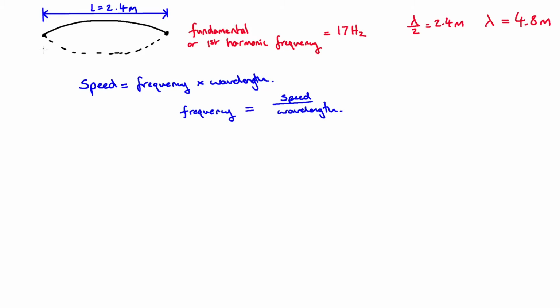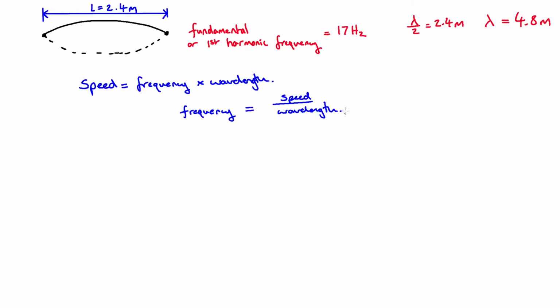But to produce this first harmonic frequency, the wavelength of the waves will still need to be 4.8 meters, because the distance between the nodes at either end of the string will need to be half a wavelength. Our string was 2.4 meters long, so half a wavelength will still have to correspond to 2.4 meters in order to produce this first harmonic frequency.